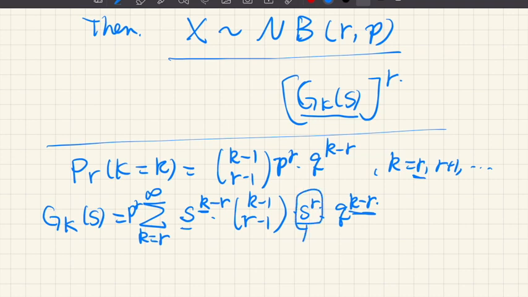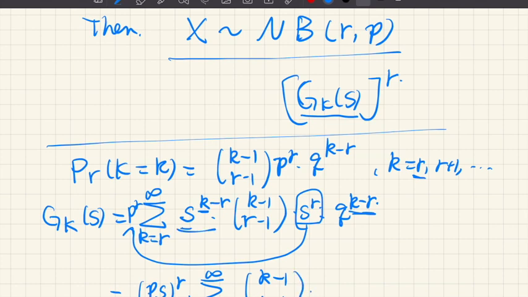This is constant, so we can again put it outside. So maybe we should put them together: (ps) to the power of r, and the summation over k of C(k-1, r-1) (sq) to the power of k minus r.